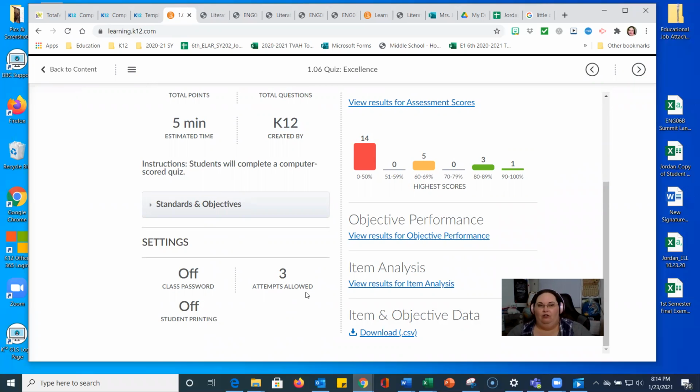If you need text-to-speech, if you have that accommodation, it should be up there. If you're not seeing that, please let me know so that it can be read to you if you need it read to you, all right? And have any of those things that you downloaded or filled out, any of those graphic organizers, pulled up from lesson 1.04, 1.05, and 1.06.